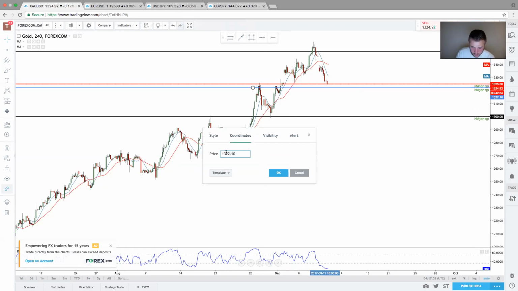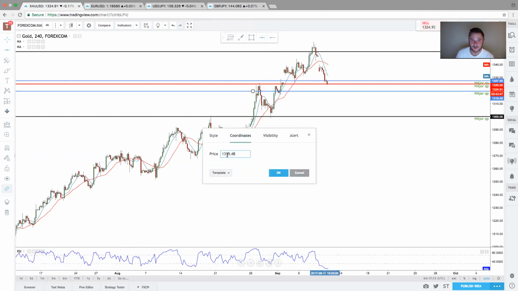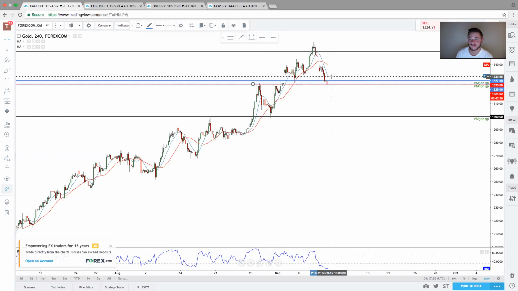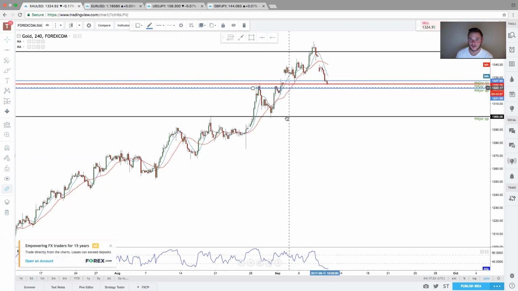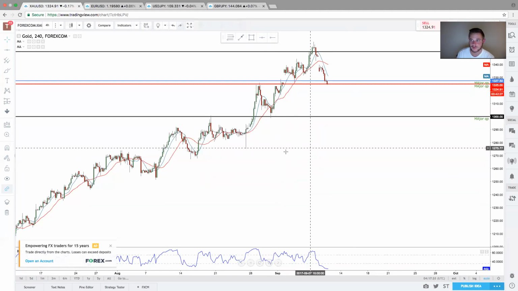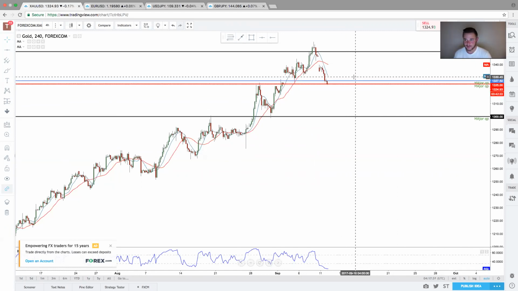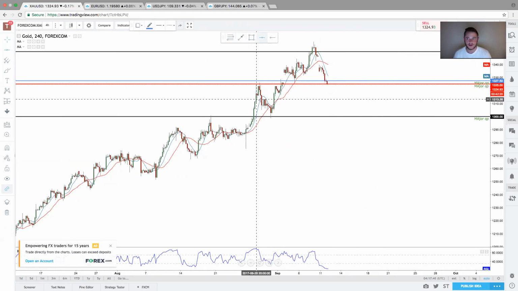Let's see. 1327.50. 1322.5, or no, 1325. Hold on. 1322.5. So actually, we have a retest of 1327.50 right here.